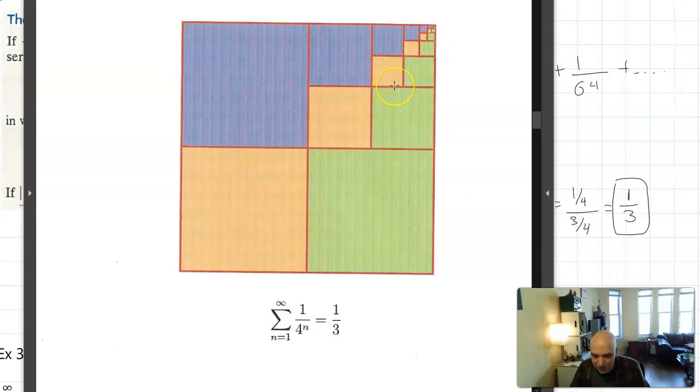Isn't that cool? Isn't that nifty? And it only is possible because we're going out to infinity. That is, each piece is getting smaller and smaller, but it gets so small that for all practical purposes, for any tolerance that you could want, that's equal to 1/3 of the total square.